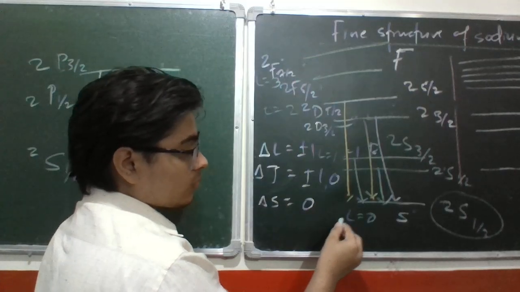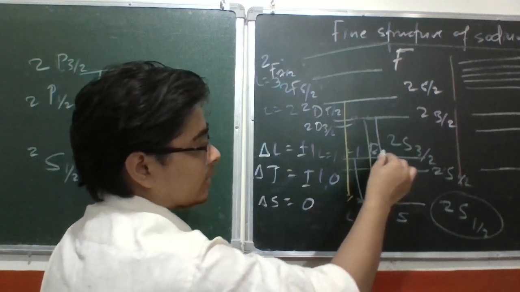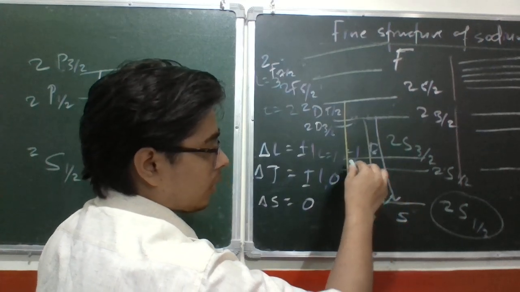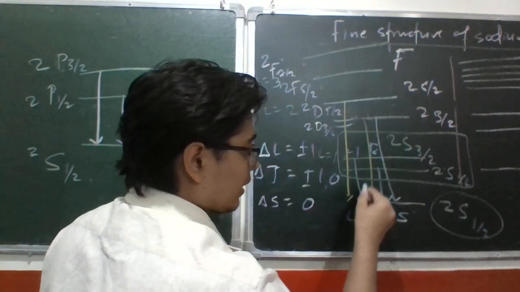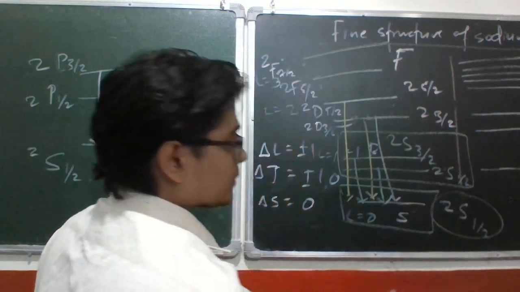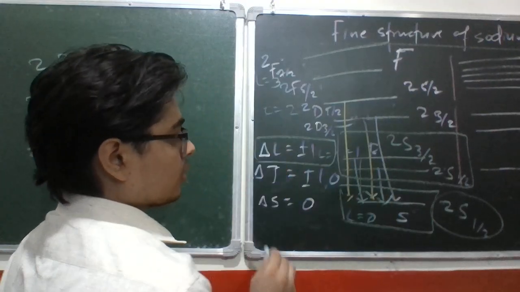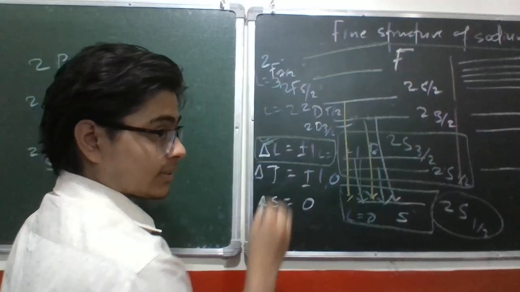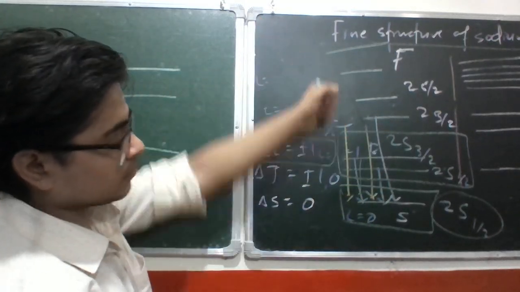Now S is L equals 0. If you see this, all the spectral lines from the P subshell to the S subshell are only feasible from this selection rule. All the others are neglected by these selection rules. So these won't exist in the experiment.